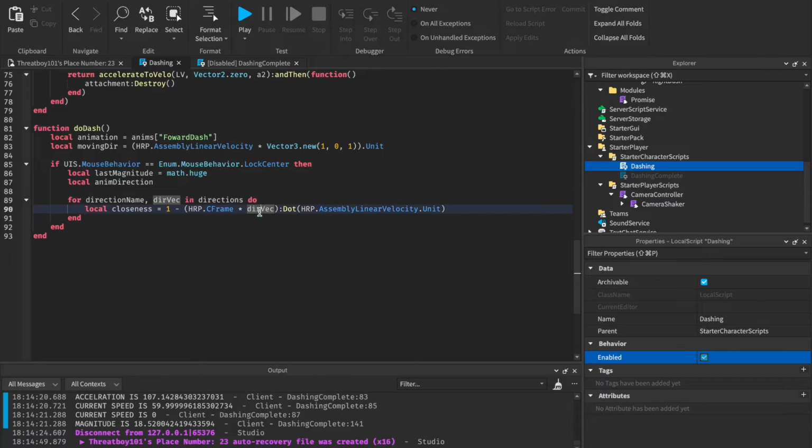If it's perpendicular, then it's 0. So if it's the exact same, that means that's the maximum closeness. So that'll be 1, and so 1 minus 1 would be 0, to indicate that they're super close to each other.